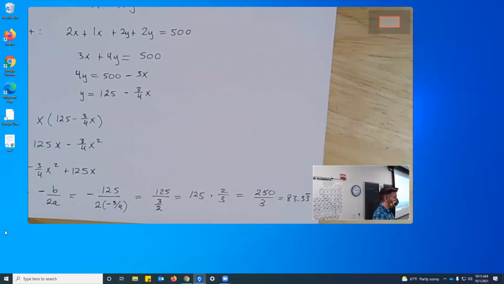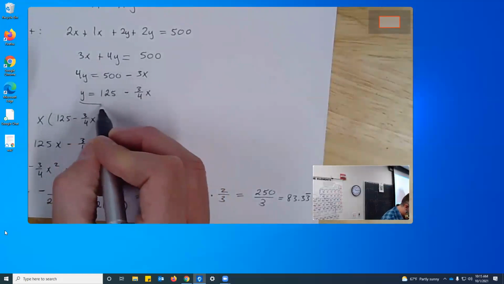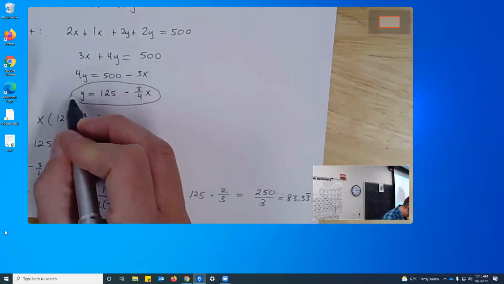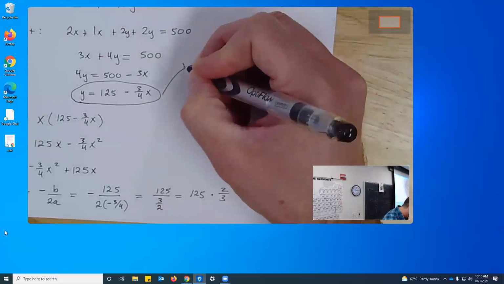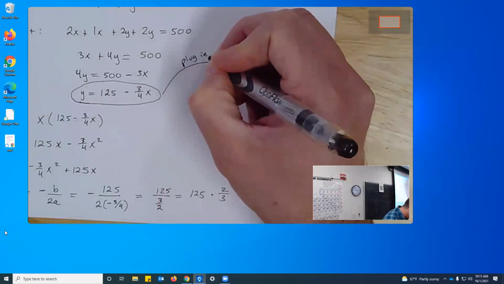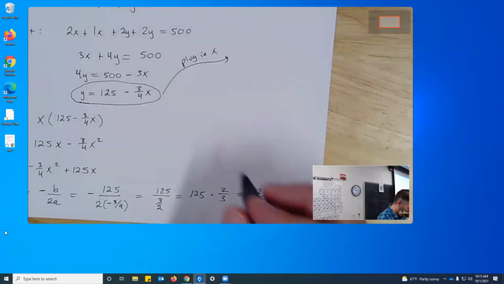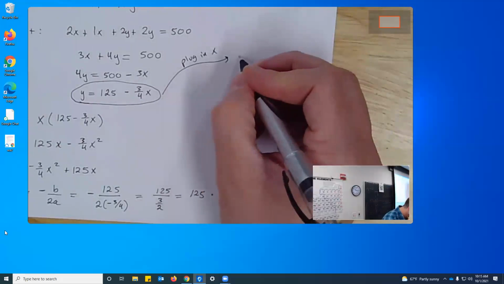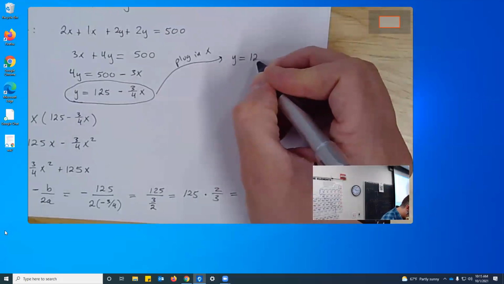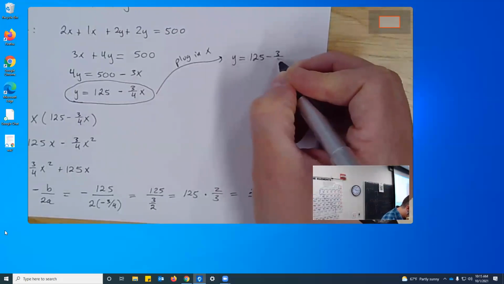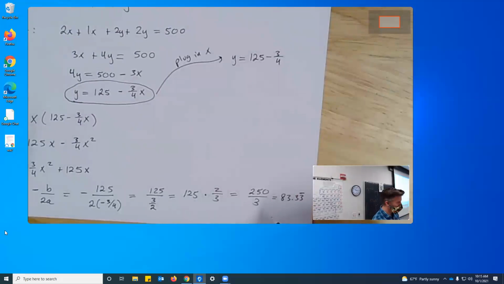But we still need to find the y side. So I'm going to go back to my constraint where I've already solved for y, and now I'm going to plug in our x value. So we're going to get y equal to 125 minus 3/4 times x. This is an excellent moment to notice that using the fraction way is going to be a lot nicer.